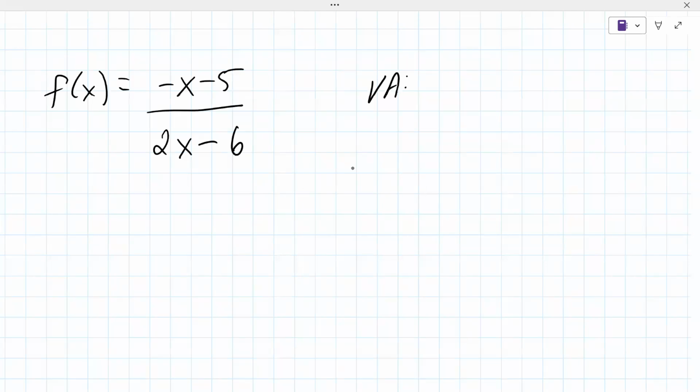The vertical asymptote for that right there. You have to set the bottom equal to zero. Okay, can you do that and solve for x, please?